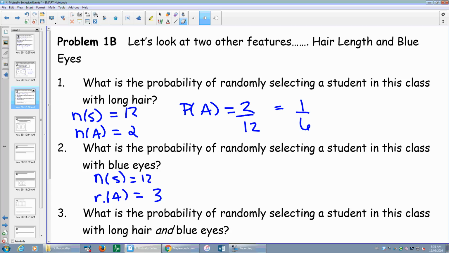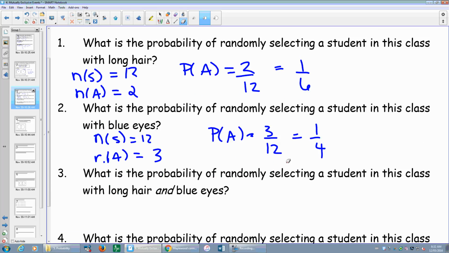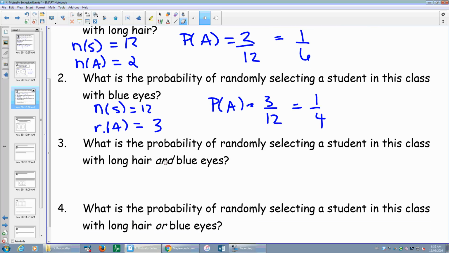So my probability of having blue eyes would be what, Dylan? 3/12, which can be reduced to what, Noah? 1 over 4.